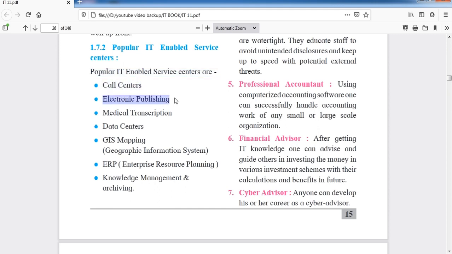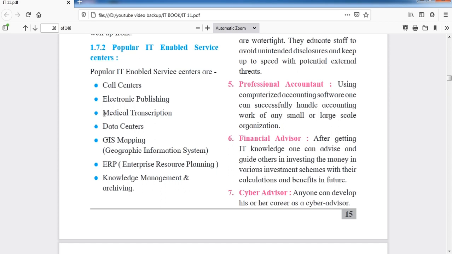Electronic publishing. What is electronic publishing? You may see advertisements on Facebook, on Instagram, on every social media. That is electronic publishing. So they are using social media to advertise their products. Medical transcription: IT is also used in medical transcription.